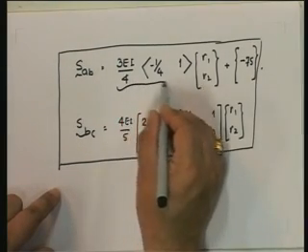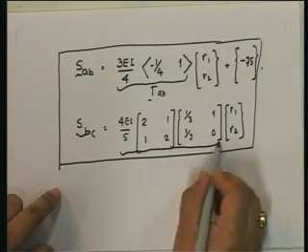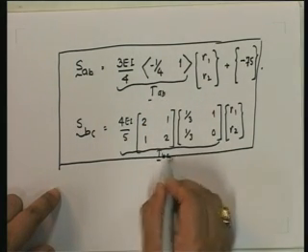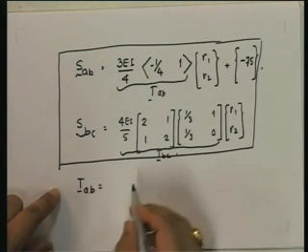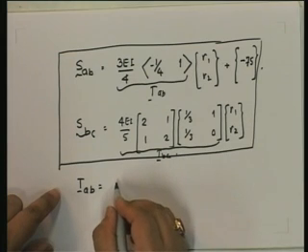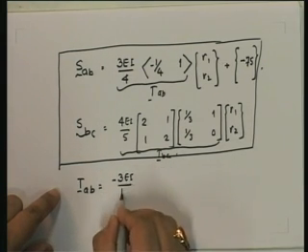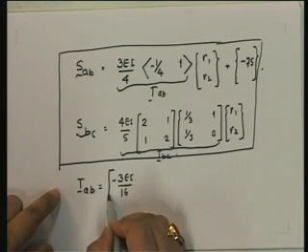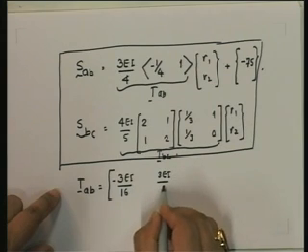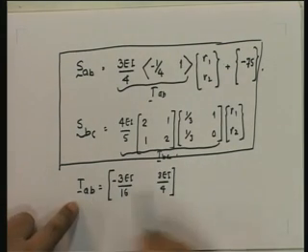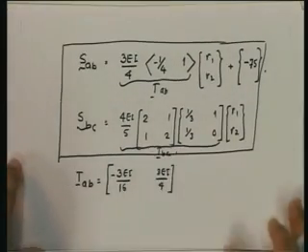This part I'll call TAB, and this part I'll call TBC. So TAB is equal to minus 3EI by 16 and 3EI by 4. In other words, this into the R1 R vector will give me SAB.